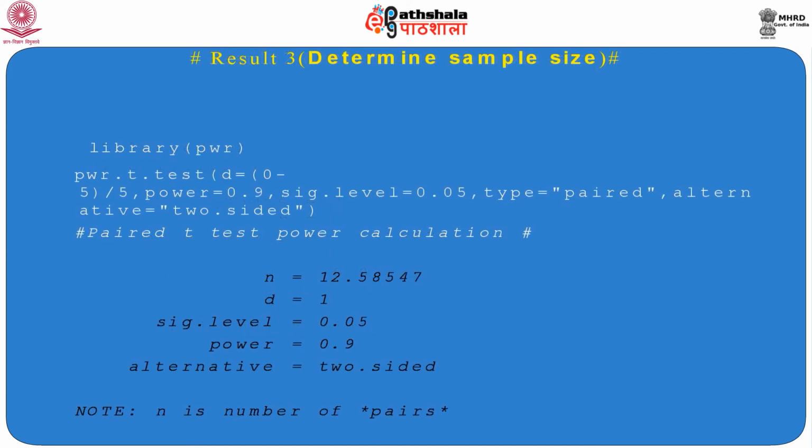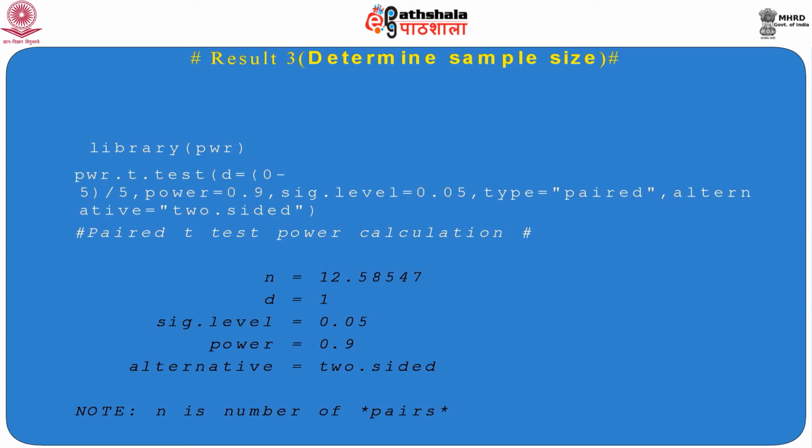Now coming to another package, that is library pwr. This package is useful to calculate the power as well as the sample size. In this package we will use the function called pwr.t.test, where d equals (0 minus 5) divided by 5 will be assigned. So basically this test is useful as a paired t-test.